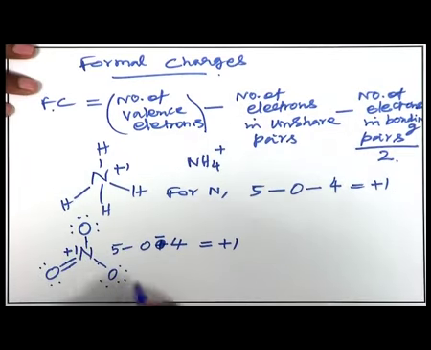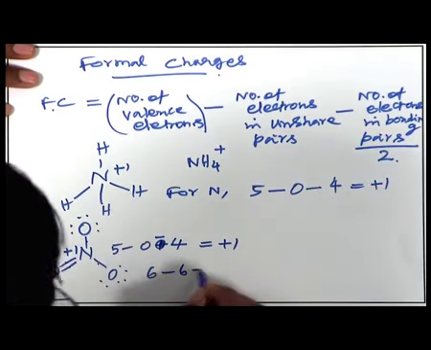Now let us do the calculation for this one. The valence electrons for an oxygen atom is 6, minus the number of electrons in lone pairs. There are 3 lone pairs, so 1, 2, 3, 4, 5, 6. Then the number of electrons in bonding divided by 2. Only one bond is there between these two atoms, so 2 divided by 2 equals 1.